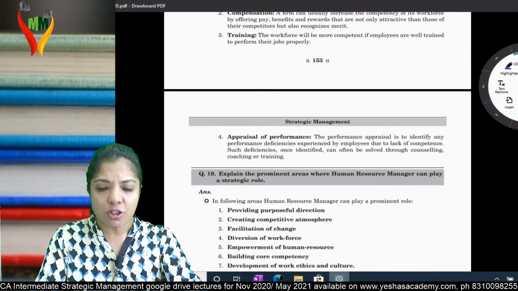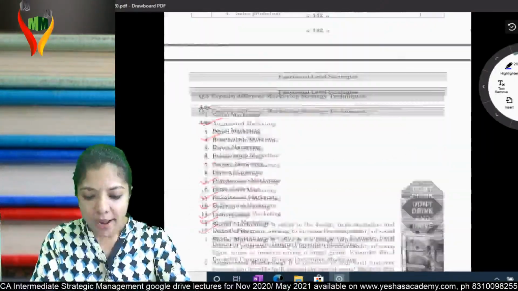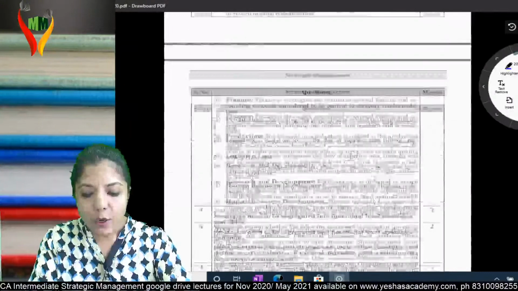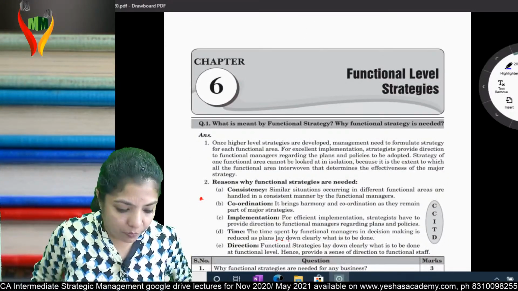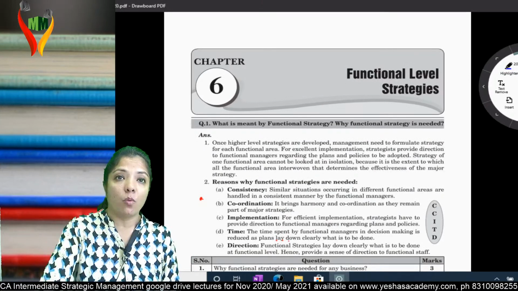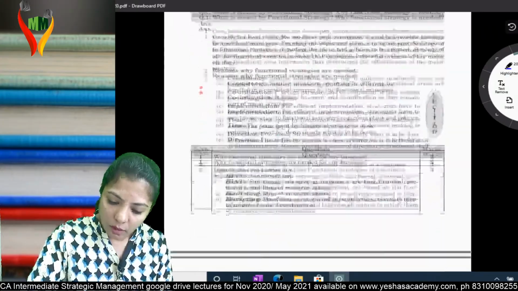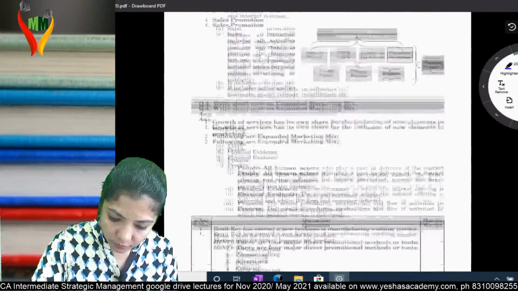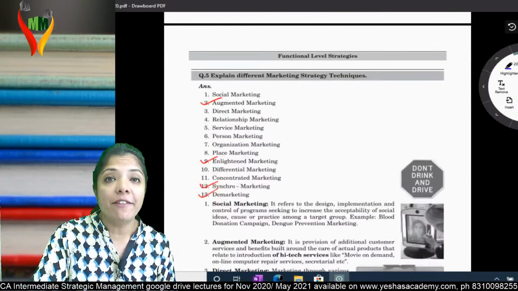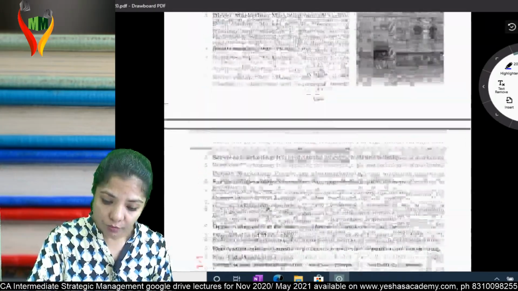Before starting with this chapter, let's divide the chapter into parts. Only question number 1 is part 1. Questions 2 to 5 is part 2.